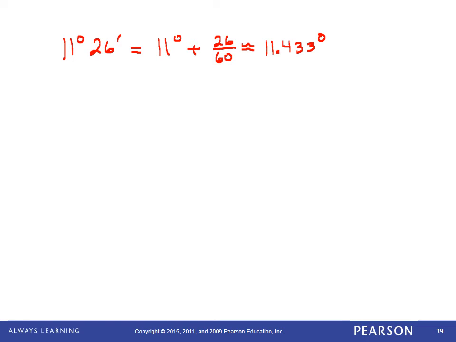So converting 11 degrees 26 minutes to an approximate degree value, 11.433.